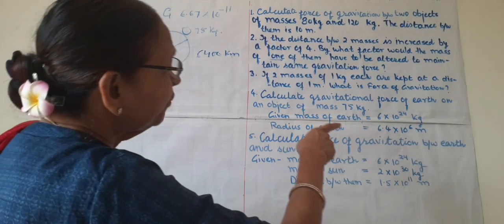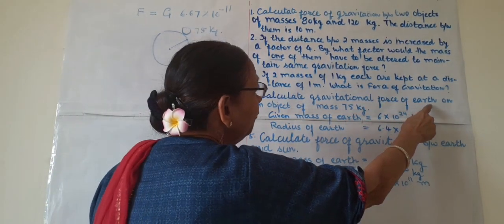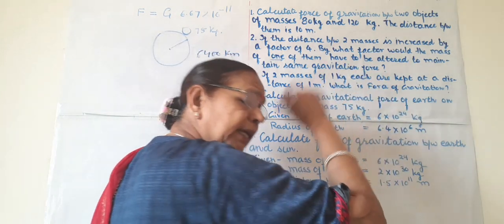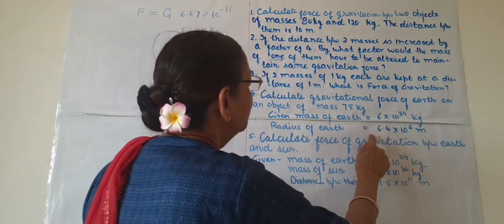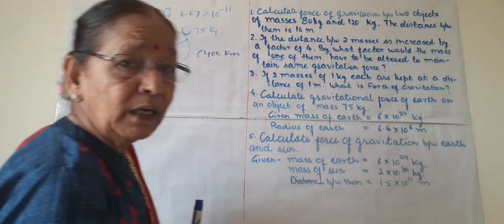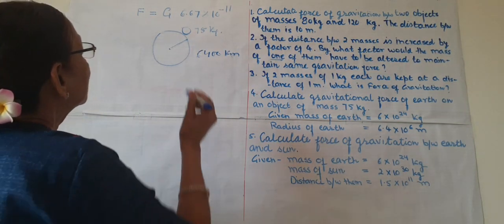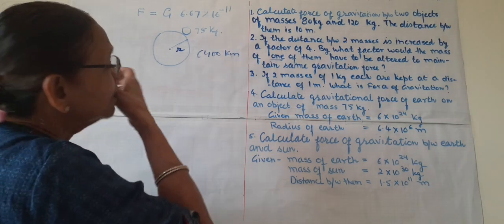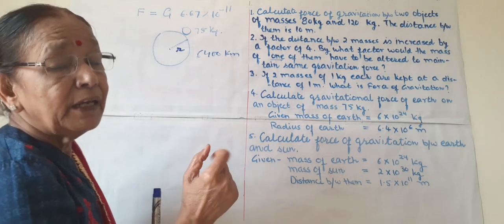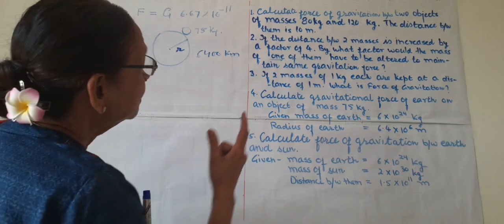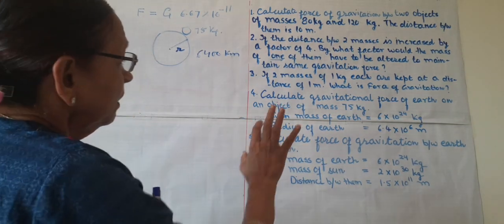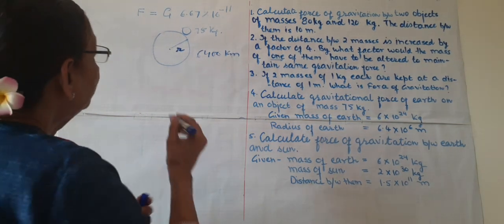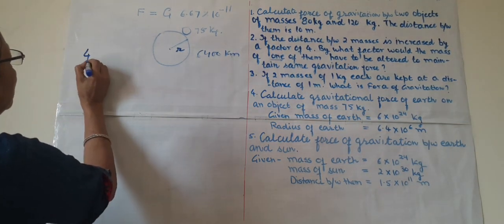So in these types of numericals, where one of the objects is earth, the distance between the earth and the object is taken to be the radius of the earth. Is this clear to all of you? This is the radius of the earth, and this is equal to the d we have taken in previous numericals. Now what is the given data here? Given mass of earth, you should write, this is question 4.